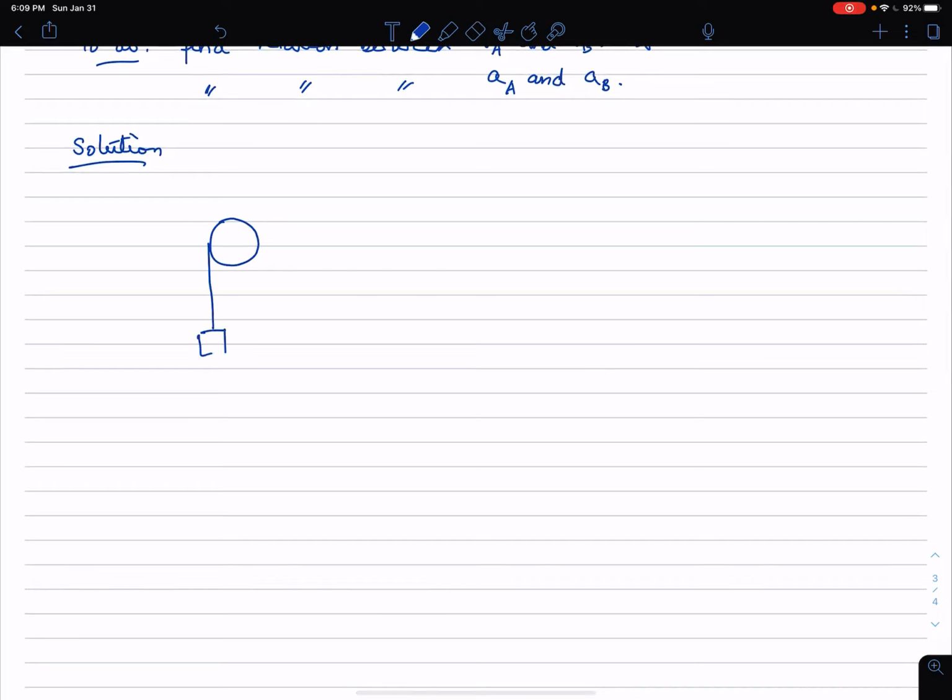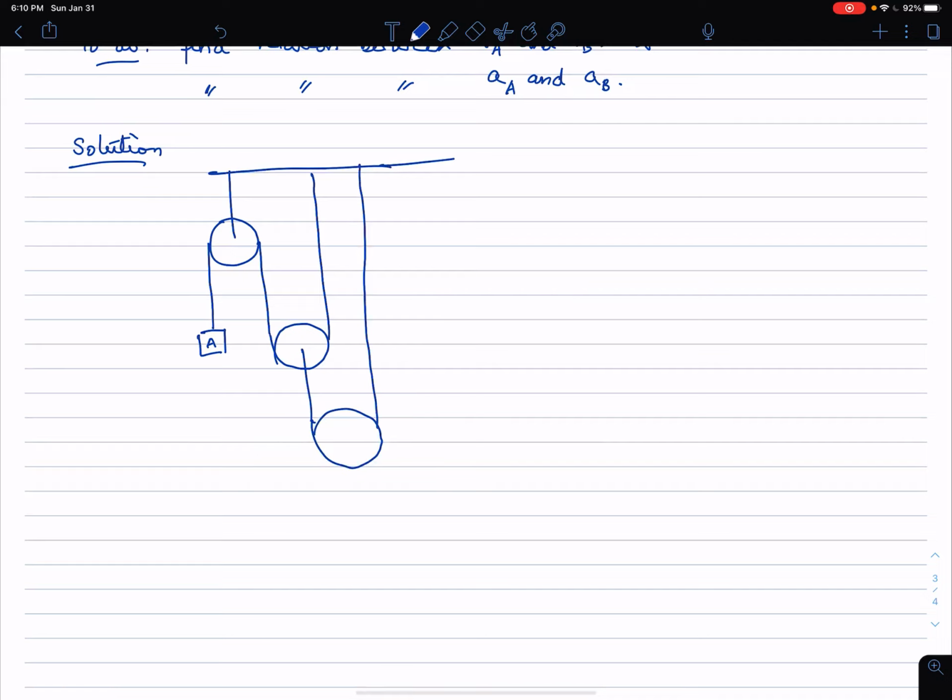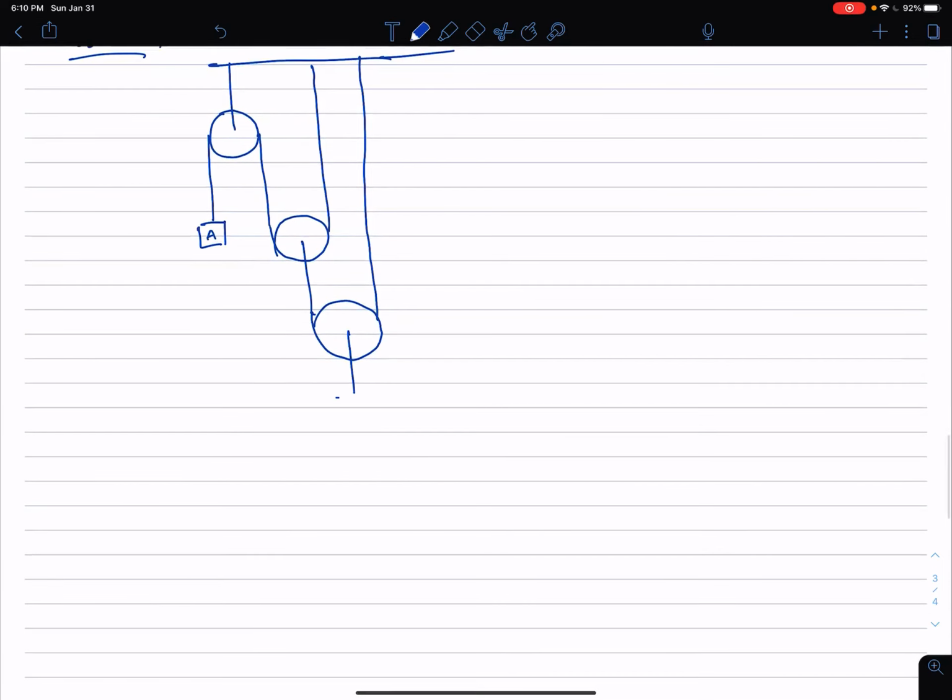This is A. Another big pulley goes all the way to the ceiling. And you have a bigger pulley perhaps, goes all the way to the ceiling. The radius of these pulleys doesn't matter for these problems, it turns out, so I'm just drawing them however is convenient.